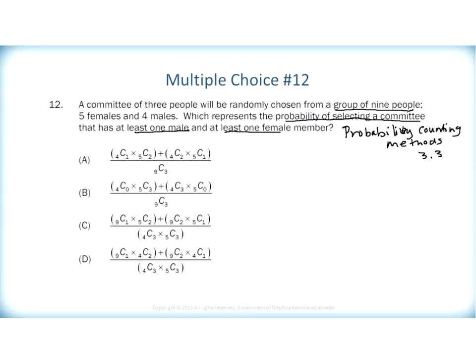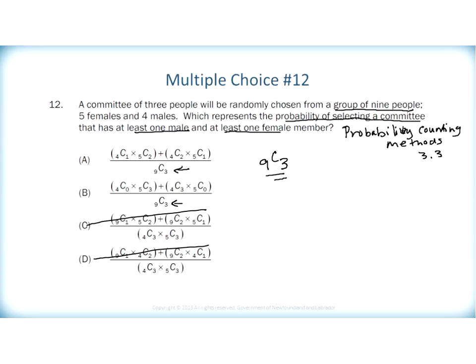Here we have the total. If there are 9 people and 3 people on the committee, 9 choose 3 is the total. So we have C, and D is gone. And of course, probability is always written over the total.